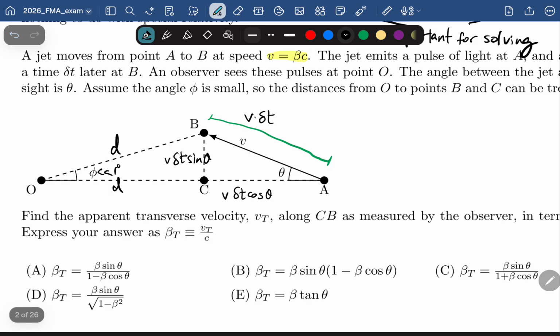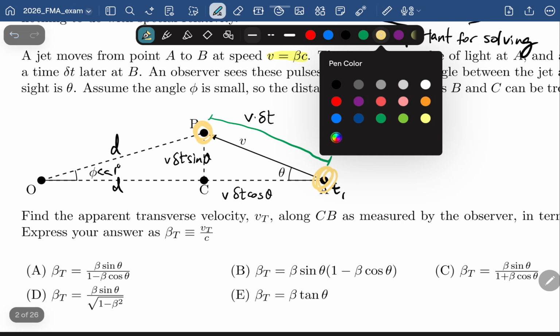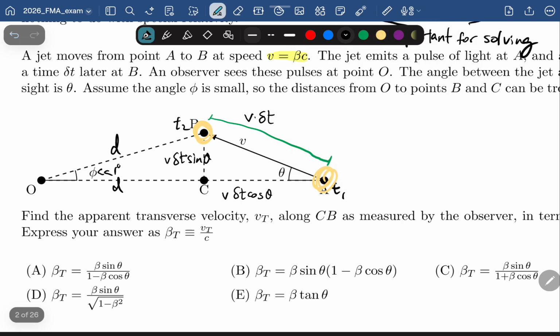In regards to time, let the first pulse be emitted at T1 and the second at T2. So delta T is T2 minus T1, and this is the actual time interval.